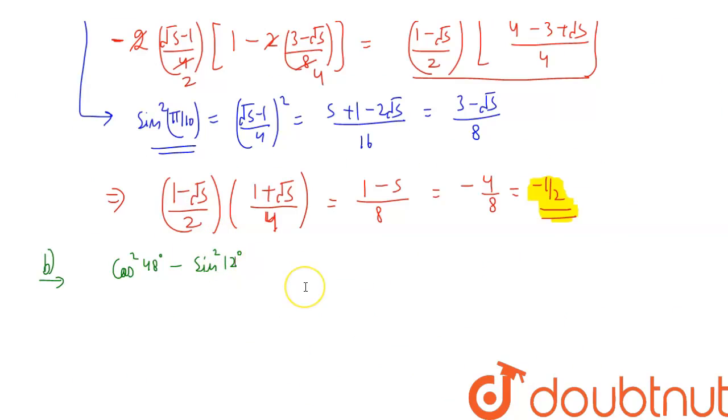Now for solving this question, we are again going to use one more trigonometric identity. We know that cos square a minus sine square b is given by the cosine of (a plus b) times the cosine of (a minus b). So this is the identity we are going to use here.